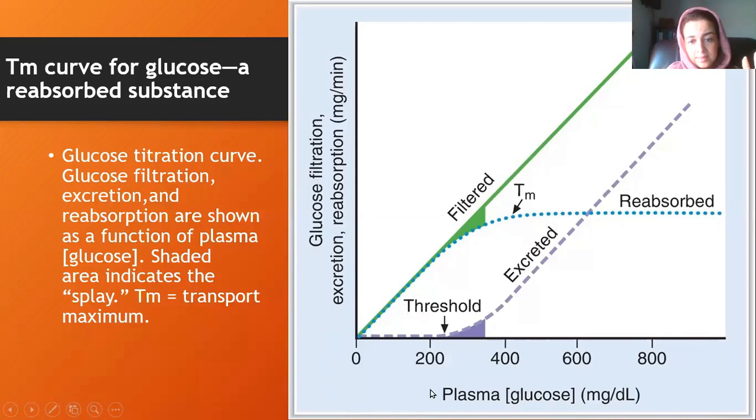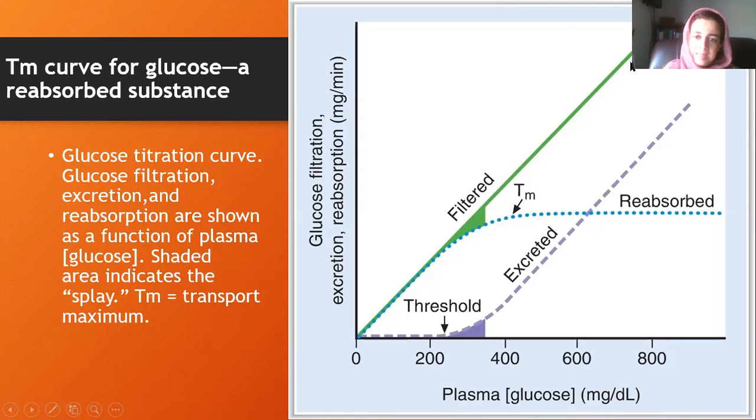On the x-axis, we have plasma glucose concentration: 200, which is kind of the normal random value, and then 400, 600, and 800 milligram per deciliter. On the y-axis, there is a different variable for three different lines drawn on this graph.